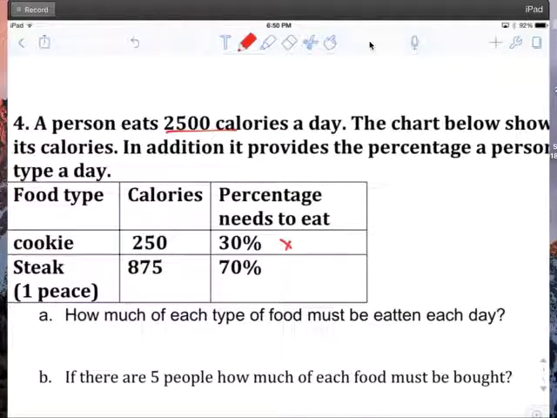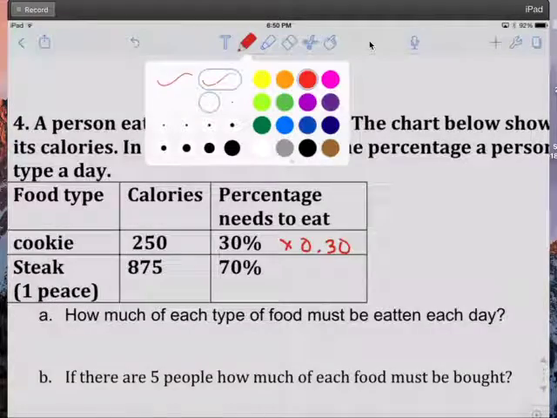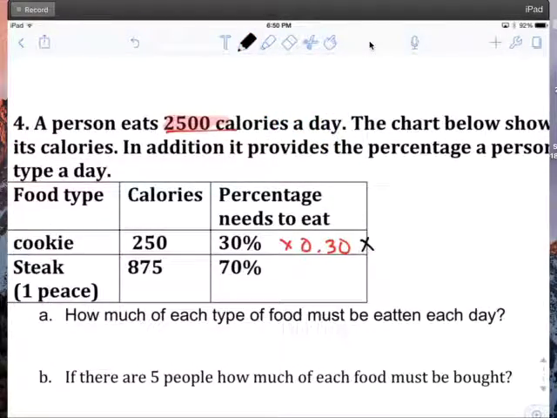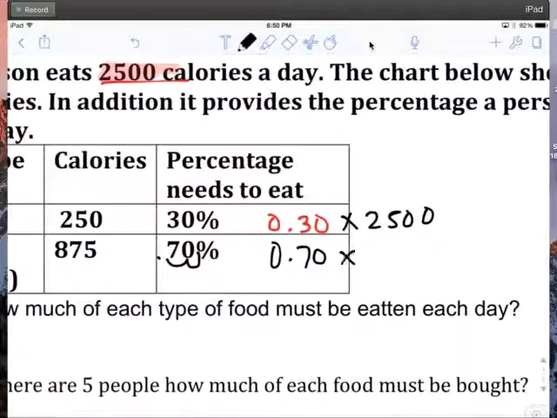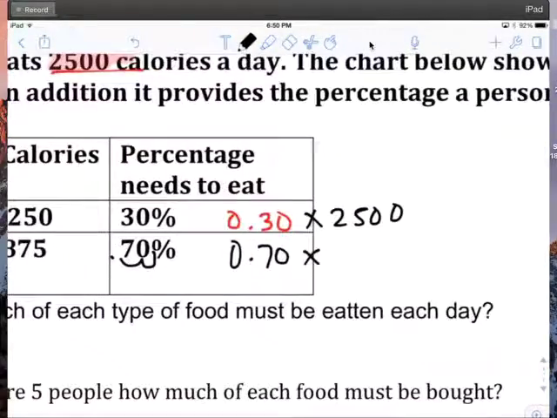First, turn this into a decimal. Then multiply it by the calories. You do that for both. Okay, you turn it into a decimal. Move 2 spaces always. Times that by 2500.